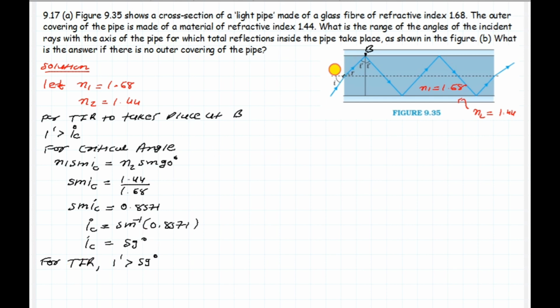You can see that this triangle, let us call it ABO, has this angle equal to 90 degrees. So R is equal to 90 minus I dash.